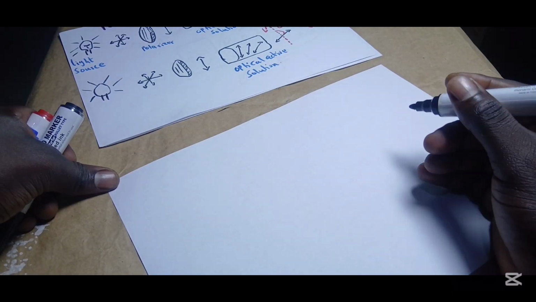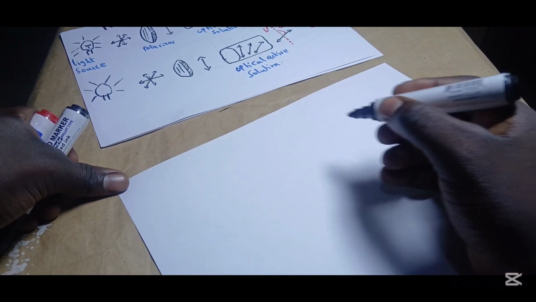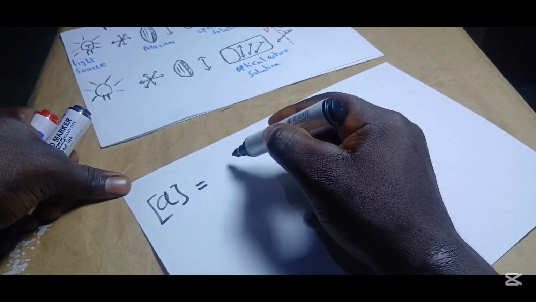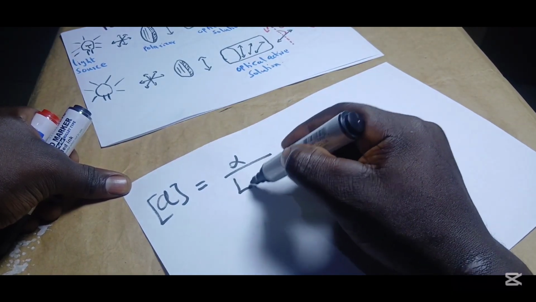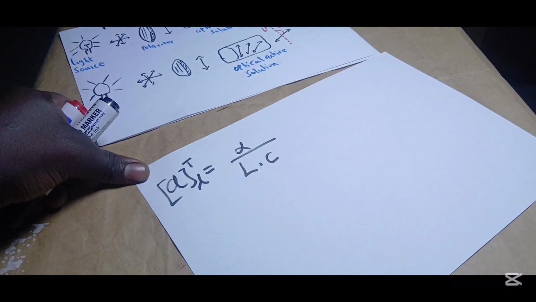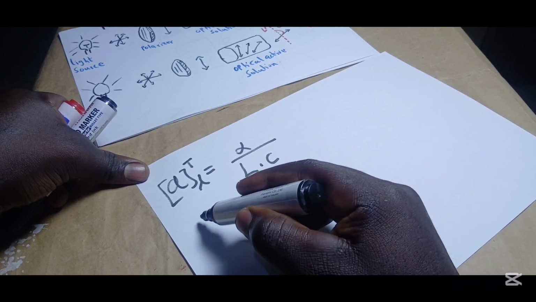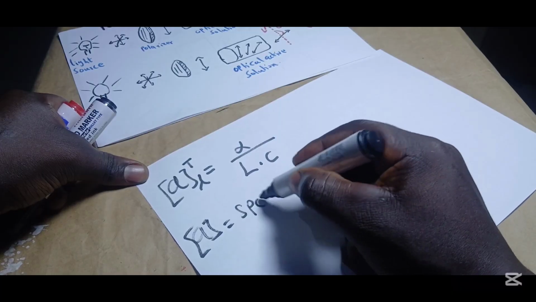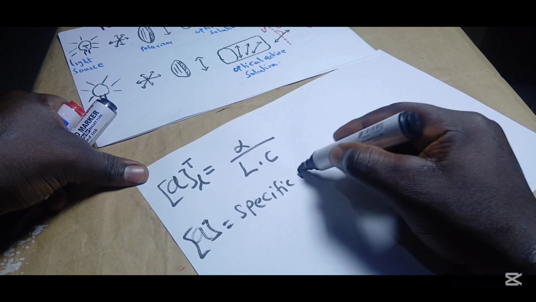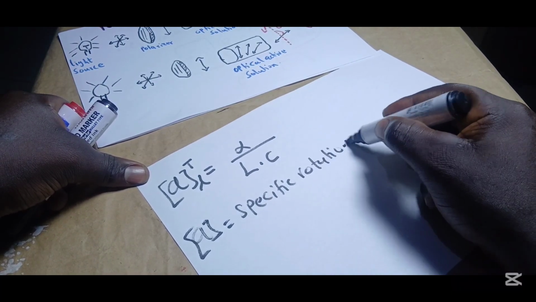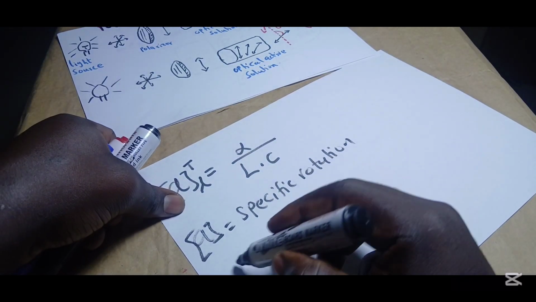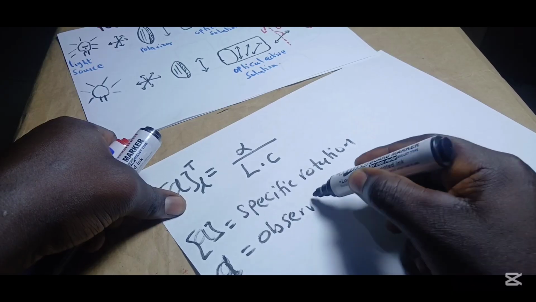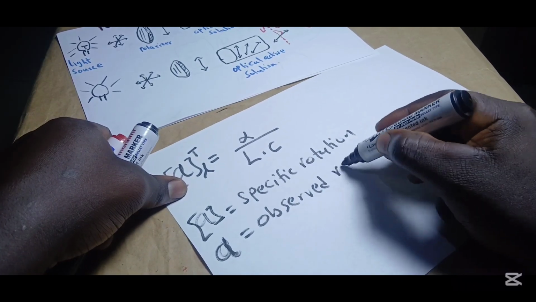The formula used for calculating optical activity is given here, where the bracketed term is the specific rotation. And the alpha here that we talked about is the observed rotation.